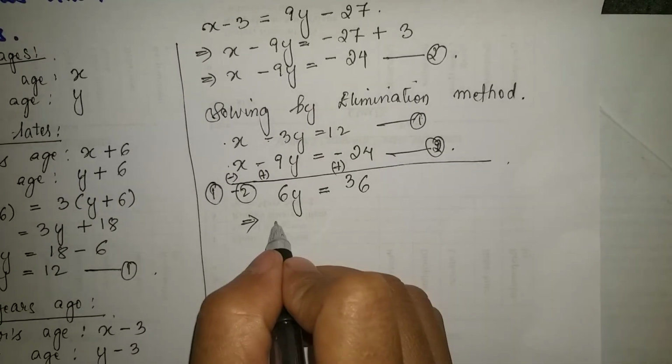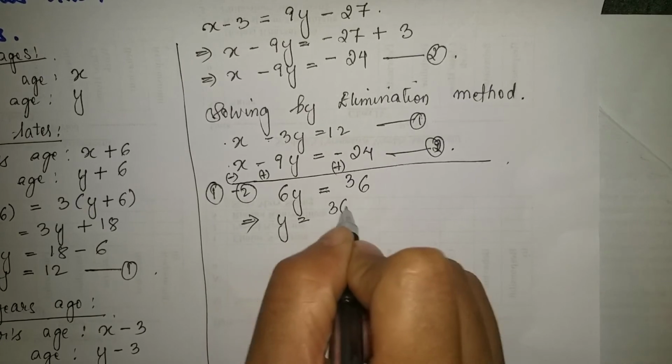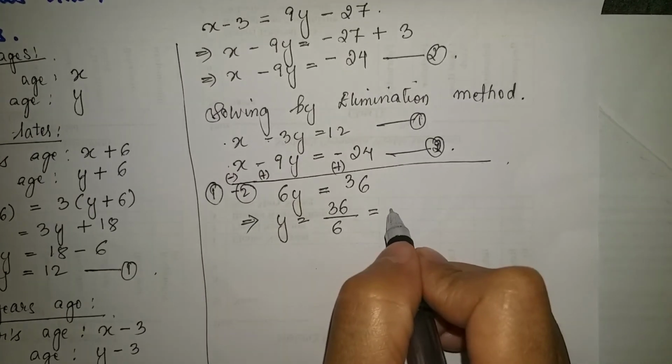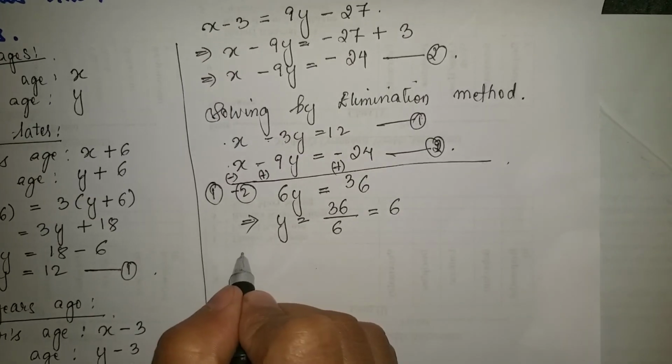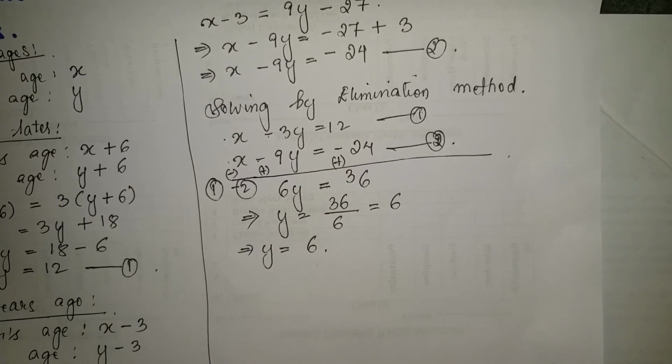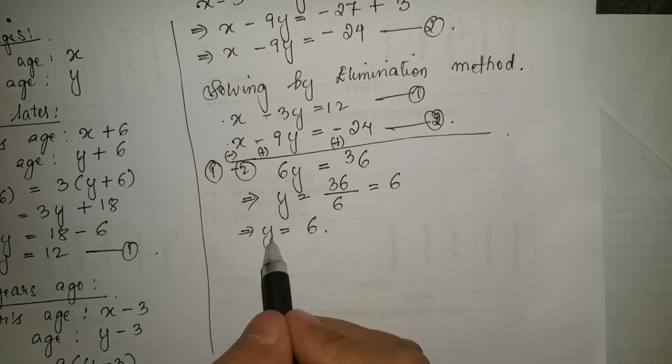Let me solve for y: y equal to 36 divided by 6, and I'm getting 6. So I'm getting the present age of the son.